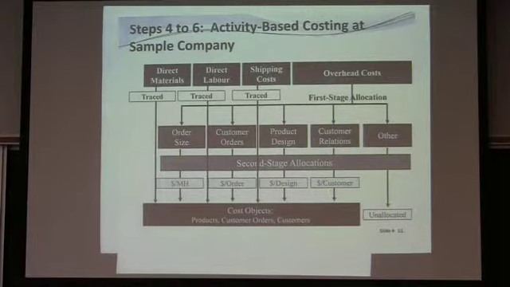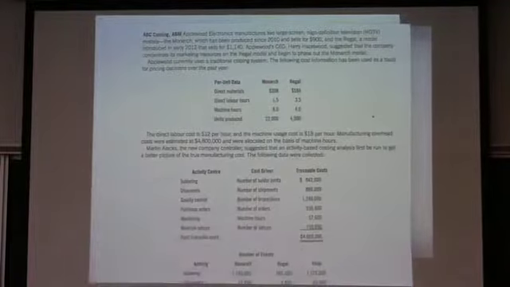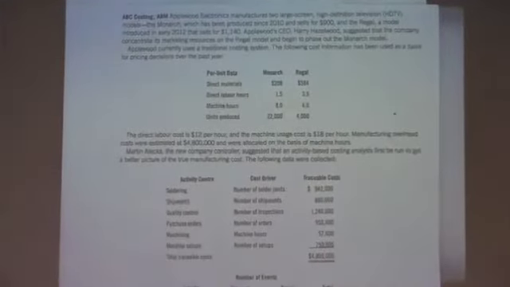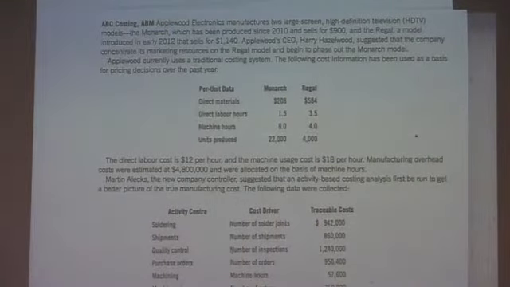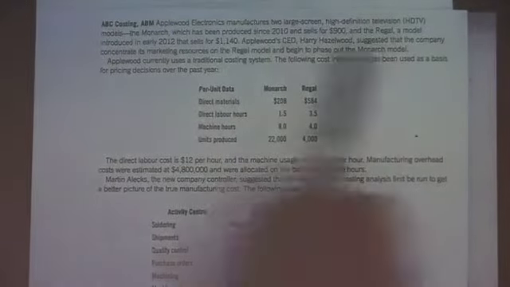Okay? So let's take a look at this question. Applewood. So here's the question. Applewood makes 2 large screen high definition TVs, and there are 2 basically high definition models.